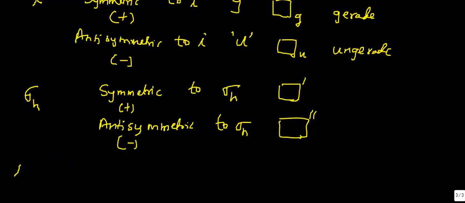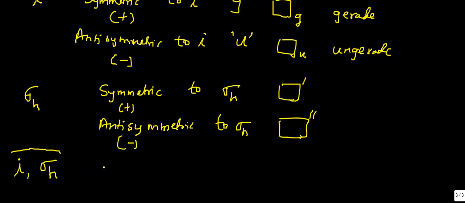Now there is a question that arises when you find I as well as sigma h in the same point group. In many point groups you will find I as well as sigma h.